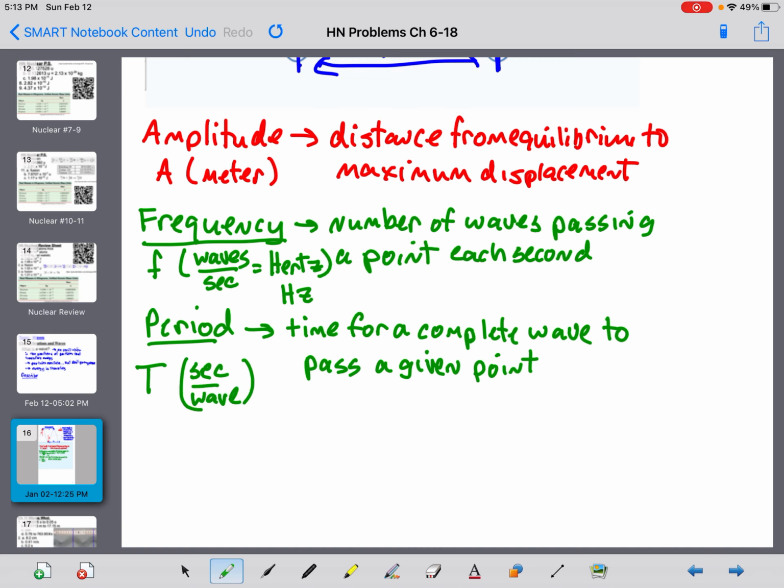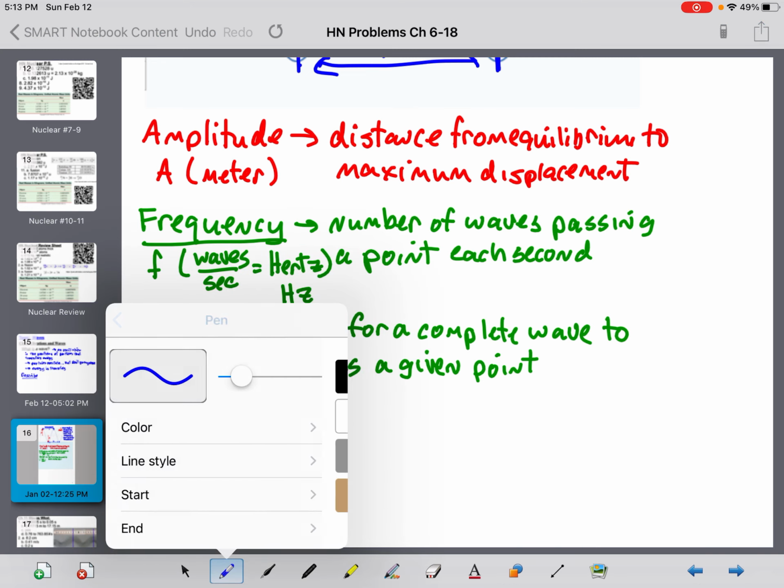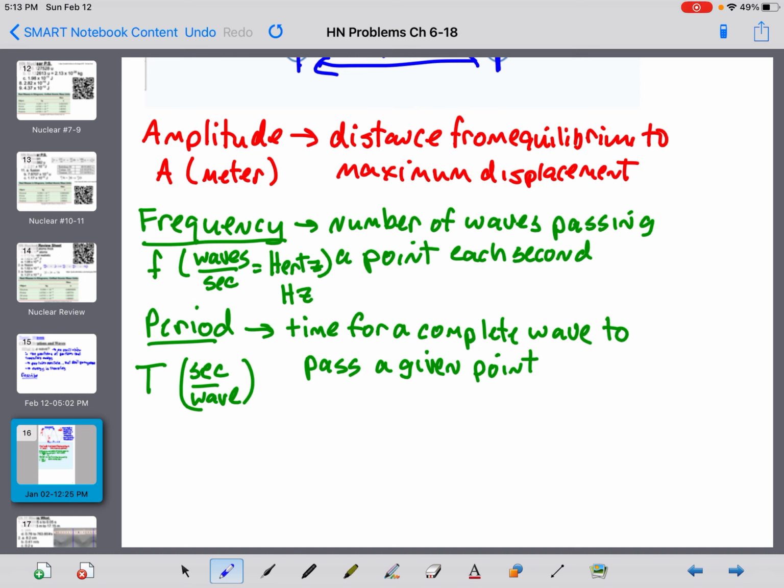However, a lot of times this is just expressed in seconds. Now, these are inverses of each other. So then waves per second, seconds per wave. So then mathematically we can write T is equal to 1 over f, or you can invert one of these to get to the other one.